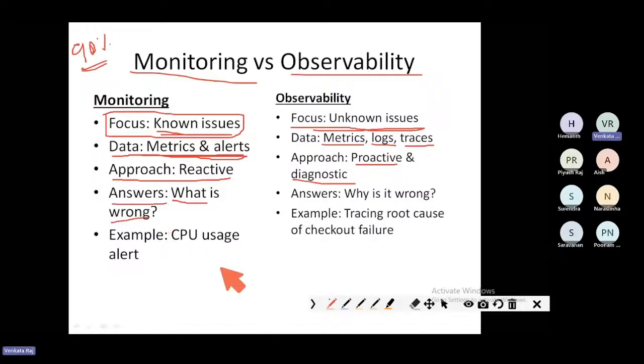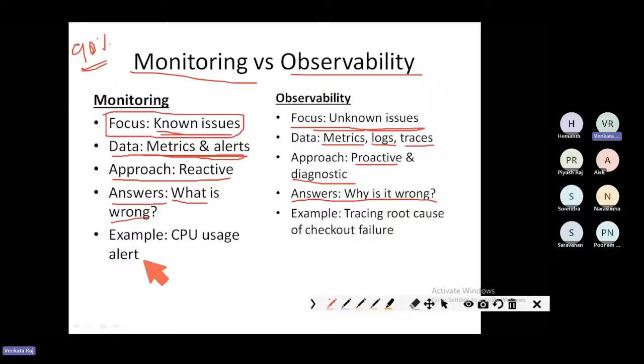But I am not trying to find out why that alert got raised. But in case of observability, I want to basically find out why is it wrong. Means I know that yes, it is wrong. But in addition to that, I'm trying to find out in observability why is it wrong. Yeah, why is it wrong, guys?